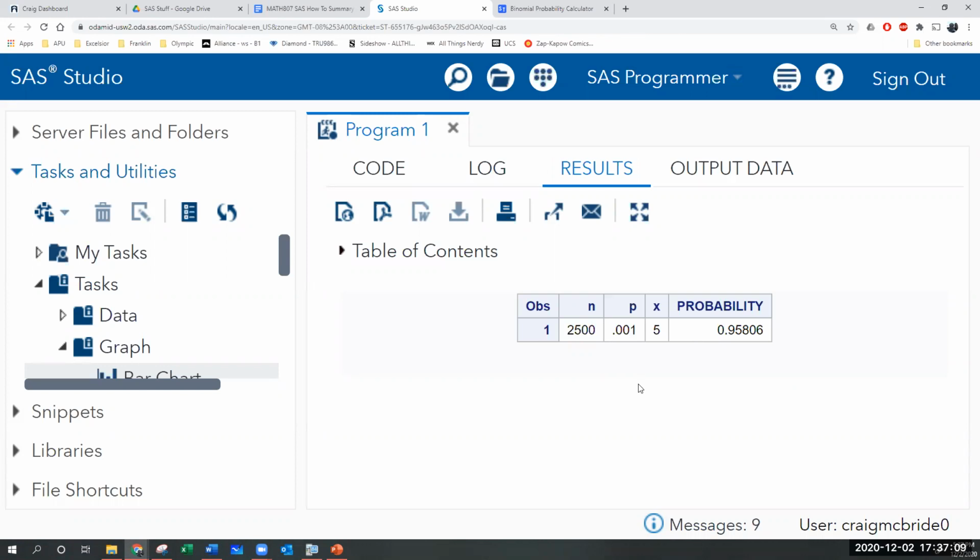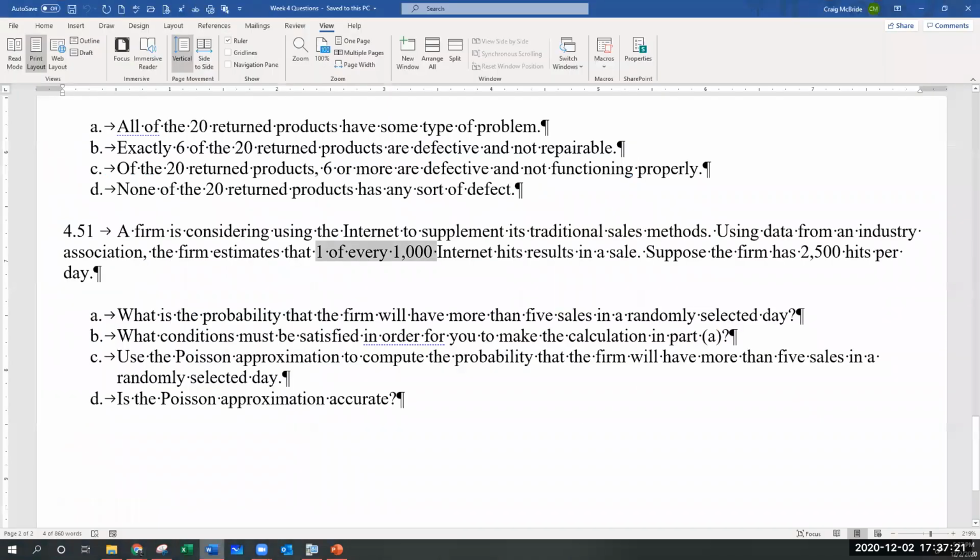So that means on average, they have 2.5 sales per day, which we all know it's impossible to have 2.5 sales, but that's what an average is, right? Some days is more, some days is fewer, but it means they have 2.5 sales per day. So to do part C, where we have to use the Poisson approximation to compute this, then we need to find the mean, which we have, 2.5. And now we go back to our lovely code.